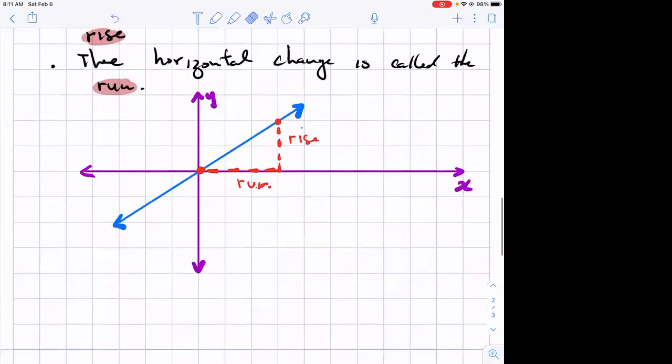So the run is the horizontal change, and the rise is the vertical change.